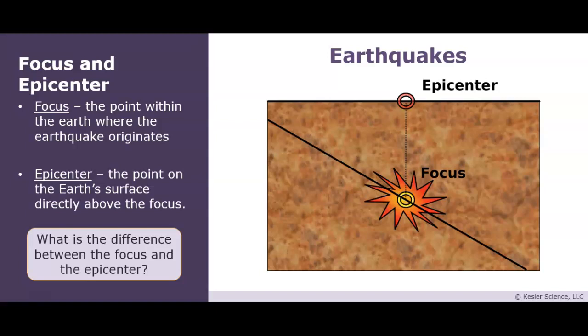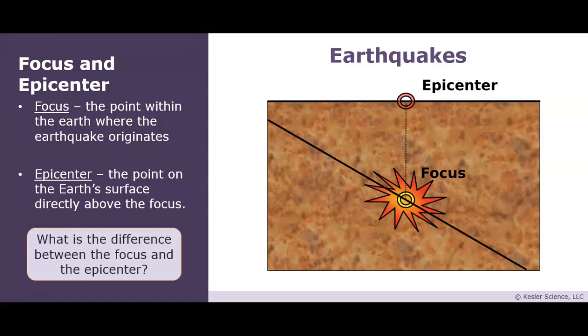The place where the actual earthquake happens, where those rocks get caught on each other and then move and jerk at the last moment after the energy has built up, that focus is underneath the ground. And so for the focus, we can determine how deep underneath the ground it happens.